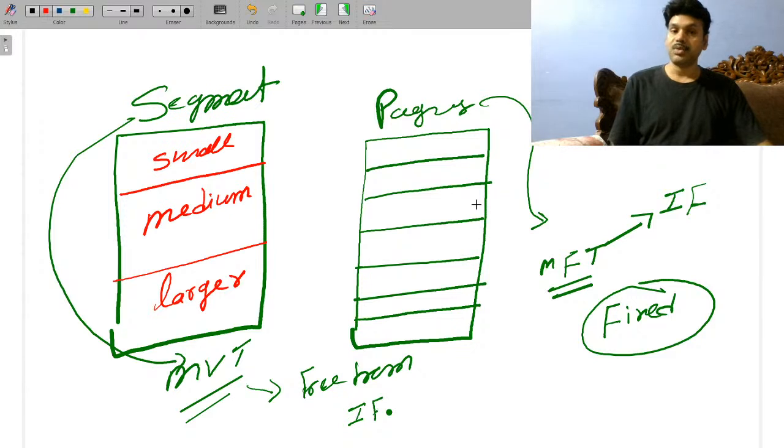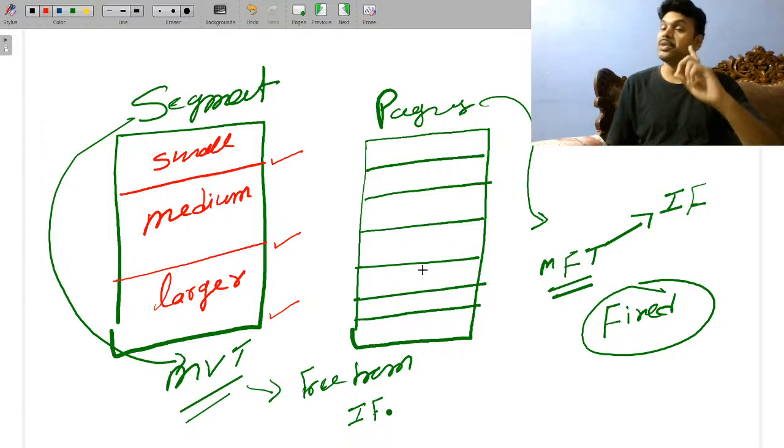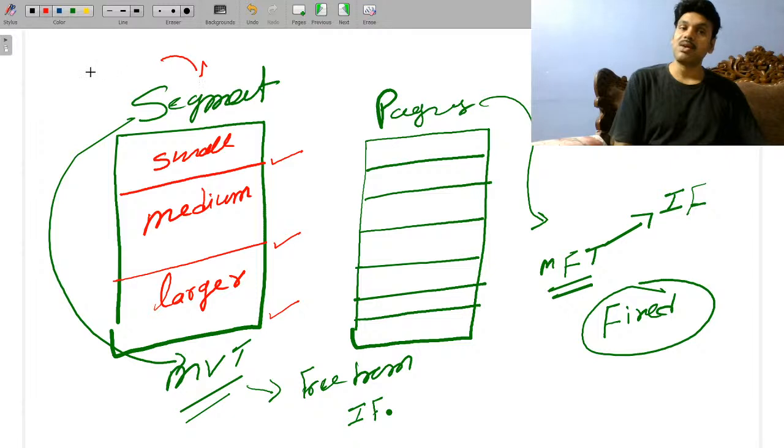Therefore, the holes which are created are completely dynamic according to the user's request. We are not depending on the page size. This time we depend on the user request only. So the memory is allocated based on the user request.